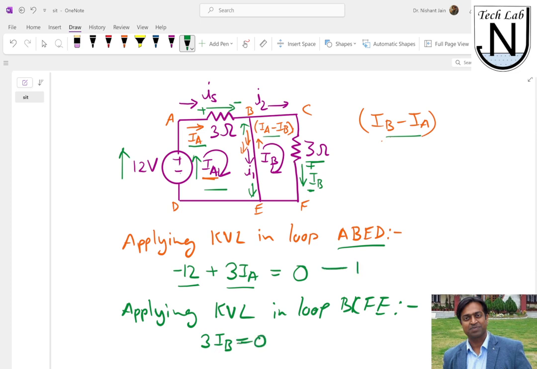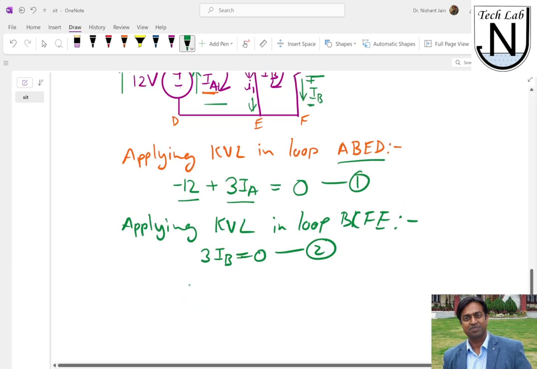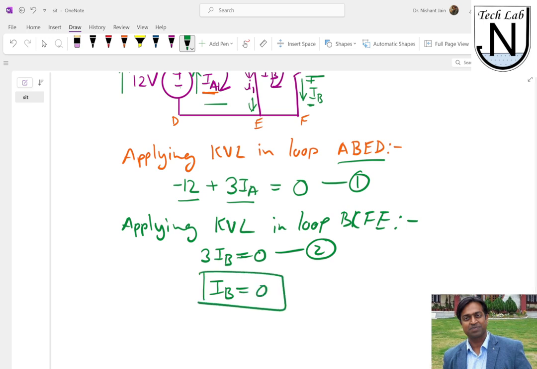So now we have two equations, and as per the second equation we can see that IB equals 0. And from the first equation, if I solve this, then 3IA equals 12, which implies IA equals 4 ampere.